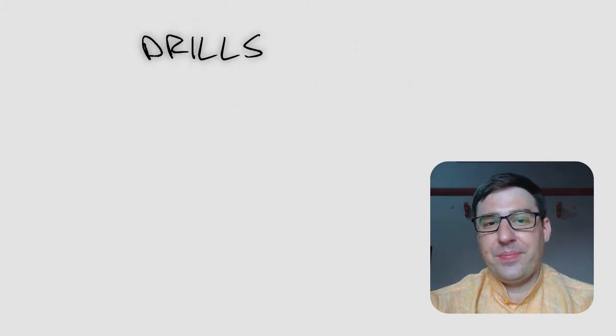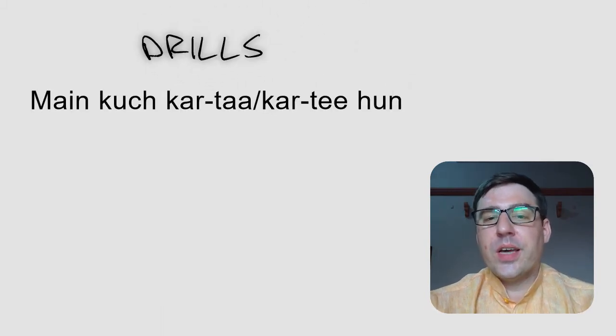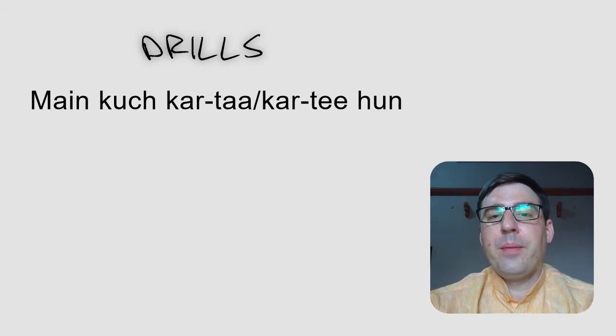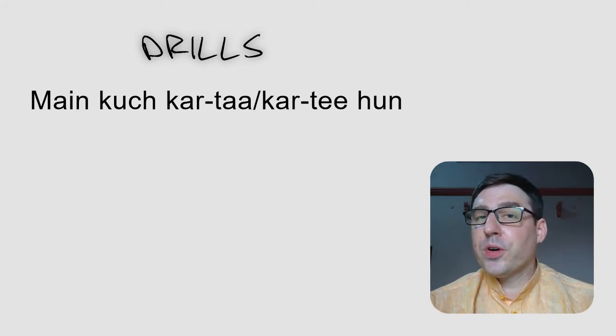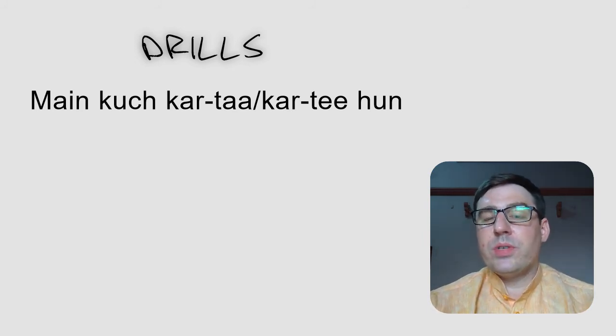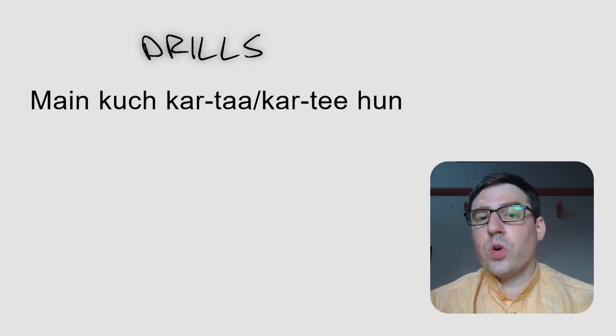All right, let's spend a minute or two drilling this. मैं कुछ करता हूँ. मैं कुछ करती हूँ. I do something. And again, there's nothing new here except for the verb that we've learned. We're not using that sak. We're simply saying I do something, not that I can do something.